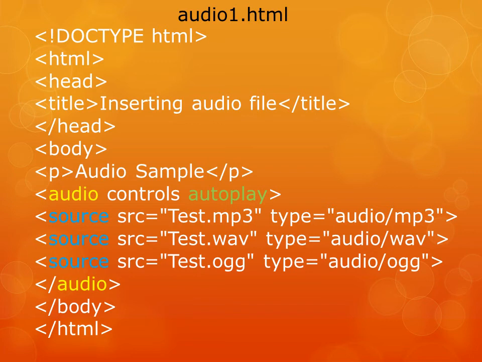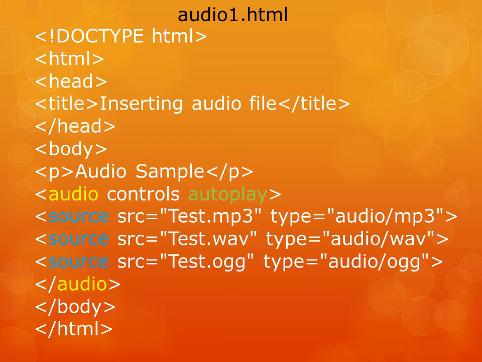Then next is the source tag, then src. Here we are using source because in the audio tag in the previous program we inserted only one single file, but here we are using multiple files, so we use the source tag.